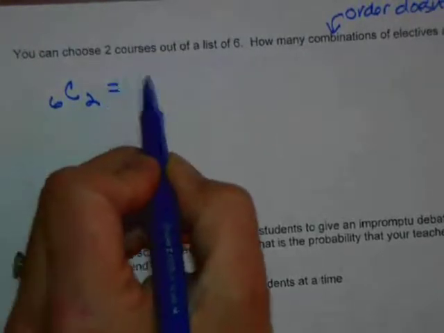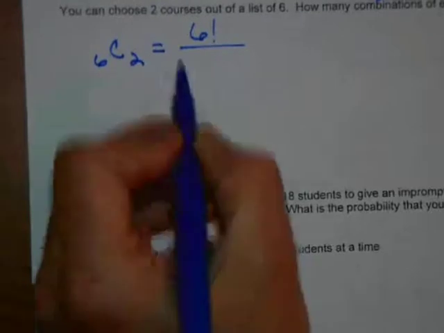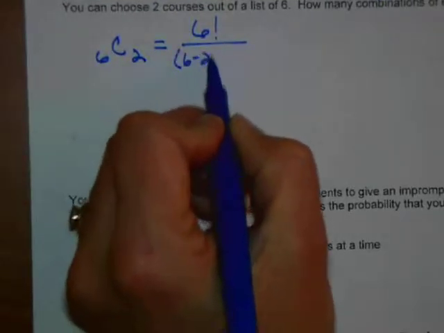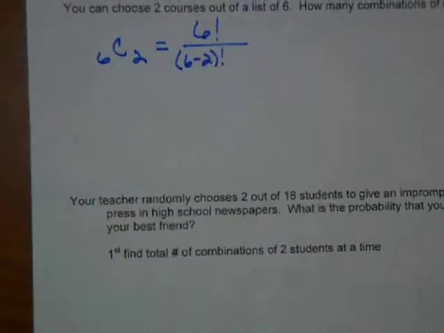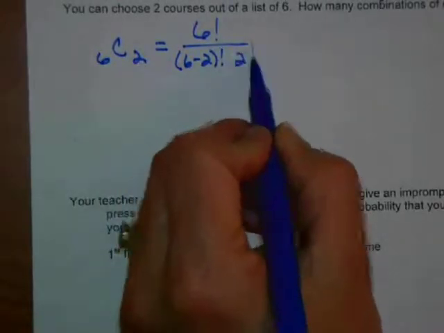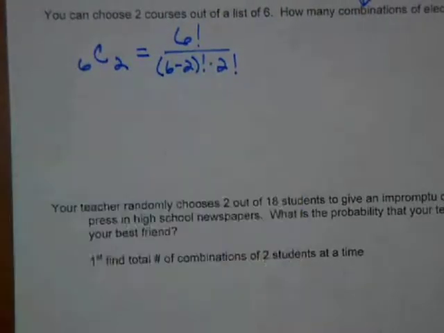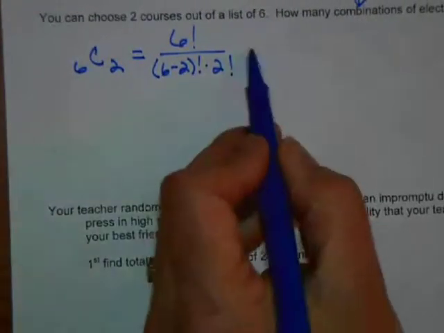So I'm going to plug it into the formula. 6 factorial on top, same as yesterday's. You still do 6 minus 2 factorial, but then you also multiply by an r factorial, which is 2 factorial. It's a multiply, not an add.